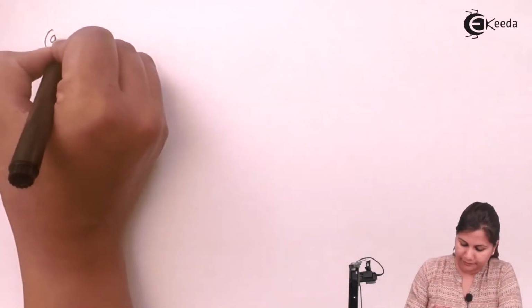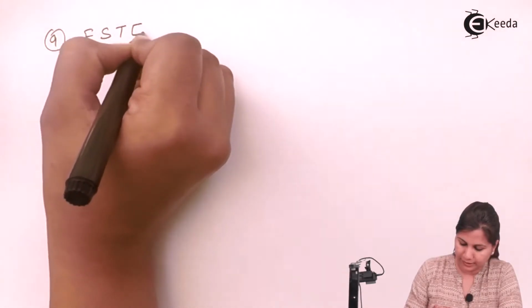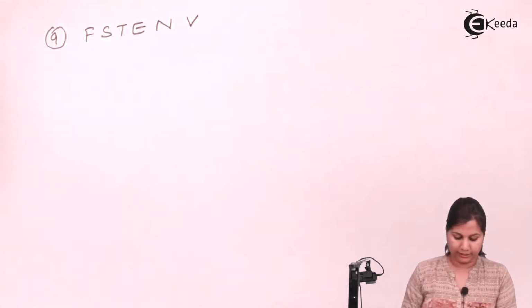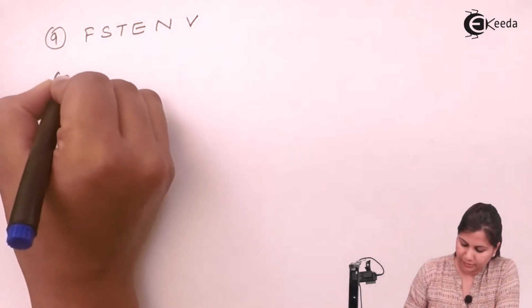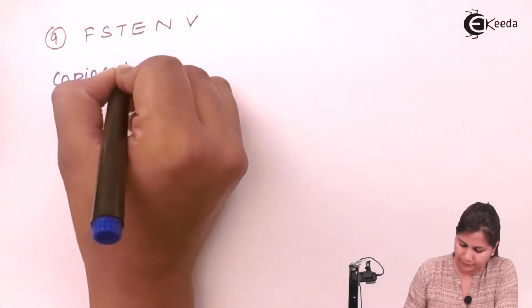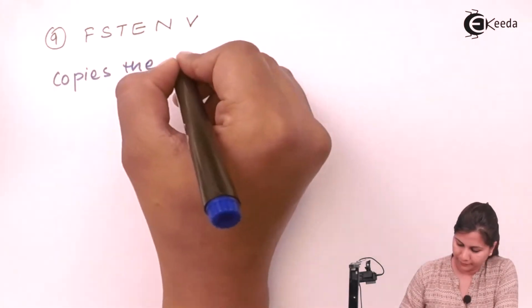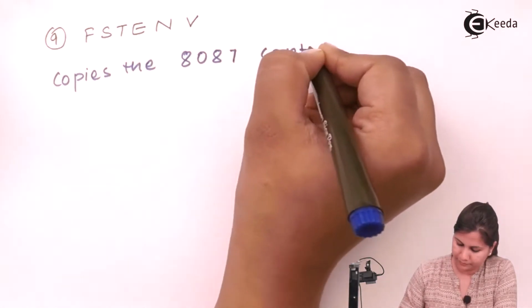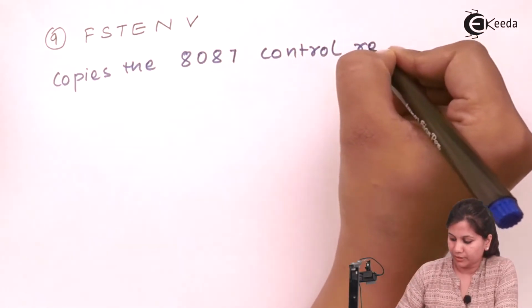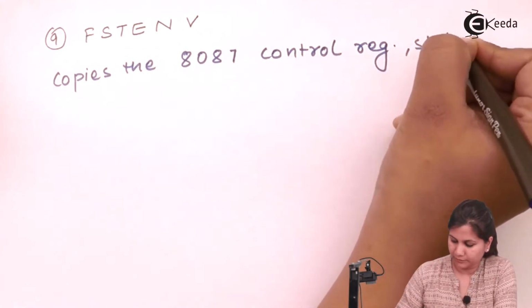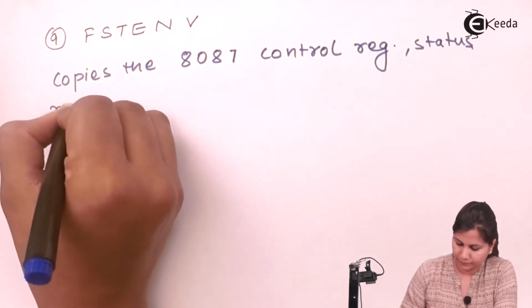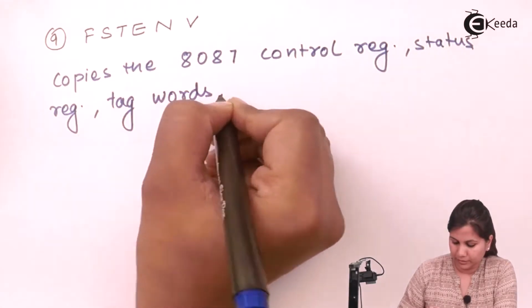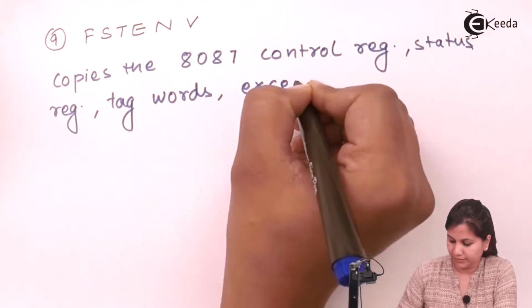Next instruction is FSTENV. This instruction again copies the 8087 control register, status register, its tag words, and its exception pointers.